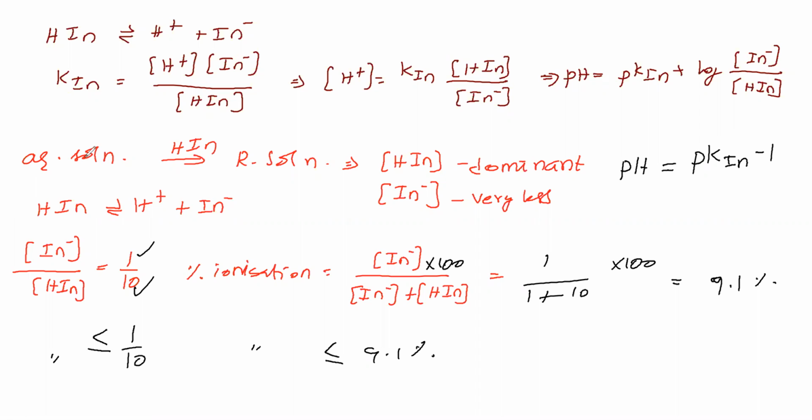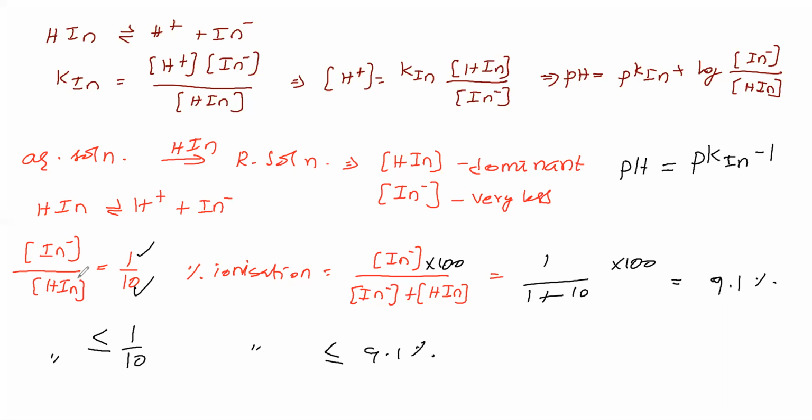So if the pH of this aqueous solution is equal to this much, then in this resultant solution, this equilibrium will have so and so ratio.